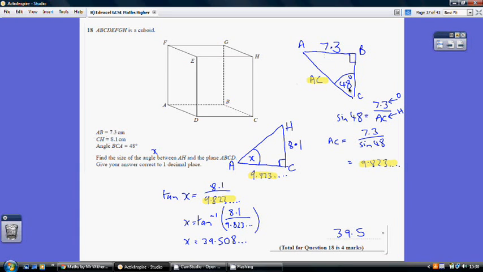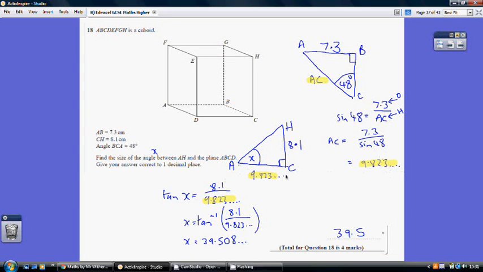So I can now, using SOHCAHTOA, work out the length AC. So using sin 48 equals my opposite side of 7.3 divided by my hypotenuse of AC. Then multiplying by AC and dividing by sin 48, I can see that AC equals 7.3 divided by sin 48, which is 9.823... So I've now worked out what AC is.